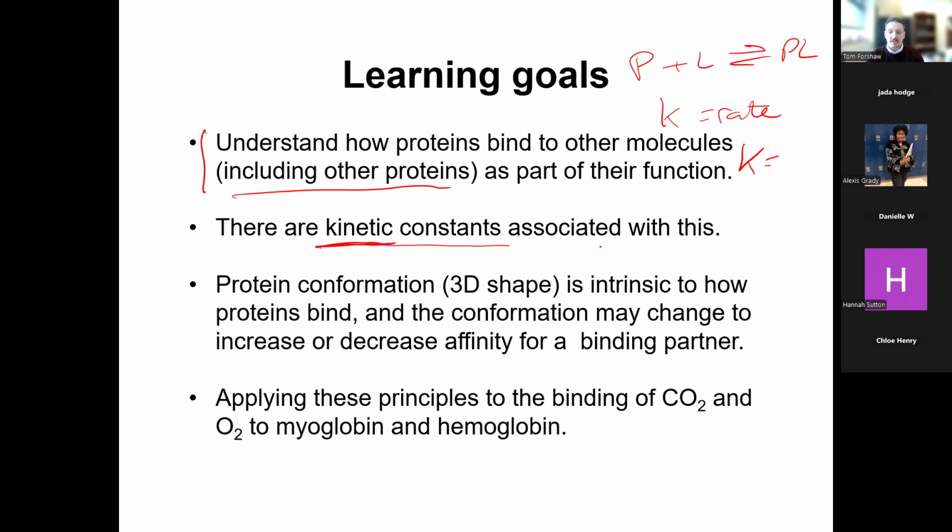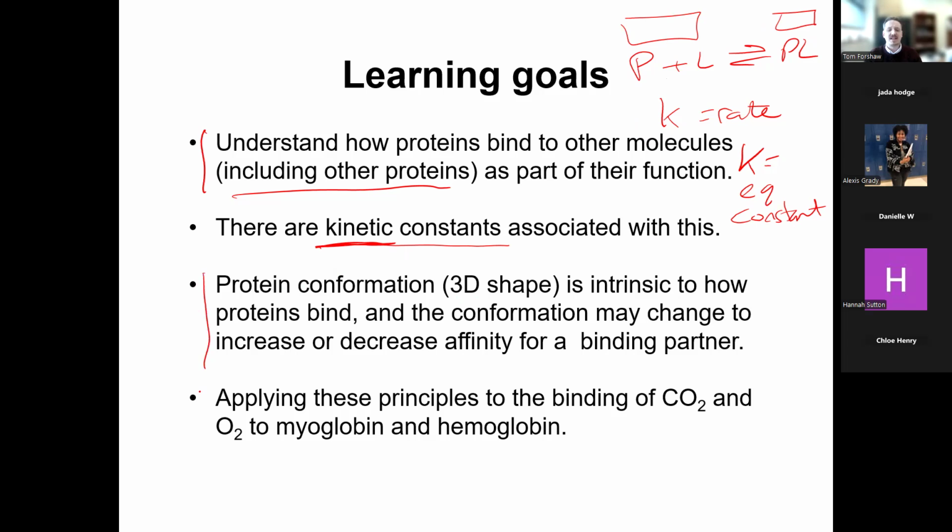Constant, yes, the equilibrium constant. And that is going to define where on the equilibrium it sits. Do you have more of it being separate or more of it being together as the complex? And different proteins have a different constant.